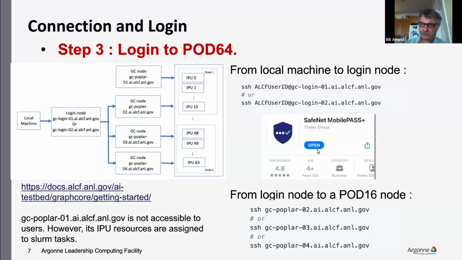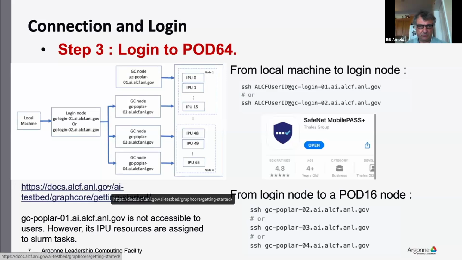The only authentication is happening on the first login to the login node. Beyond that, there's no authentication required. This is also documented on our docs website, docs.alcf.anl.gov, where you can drill down from the menus.